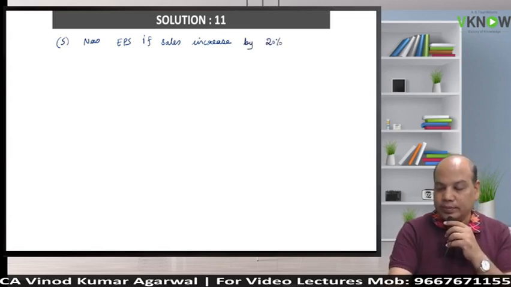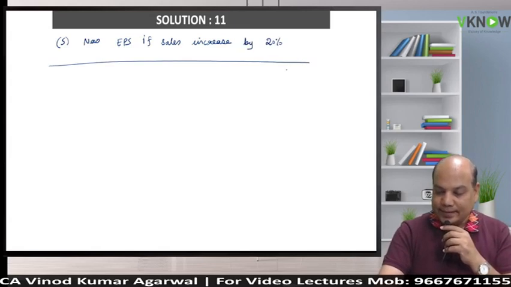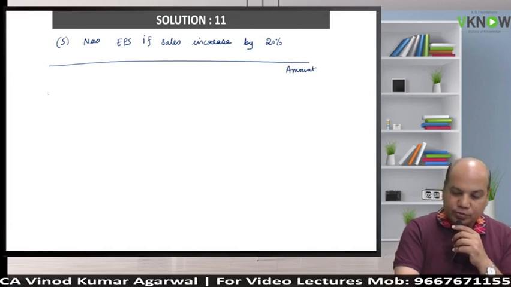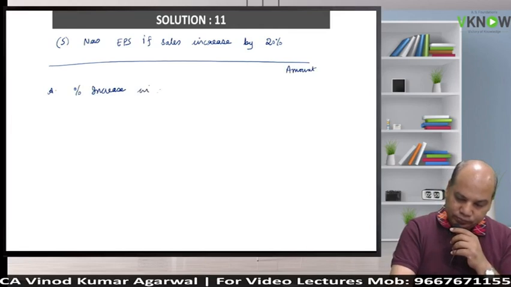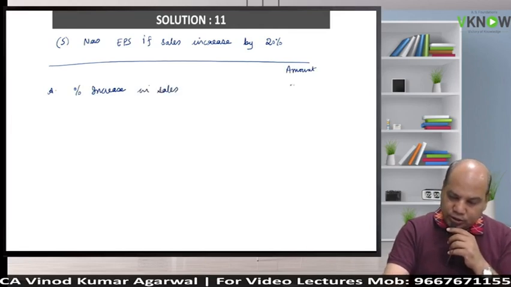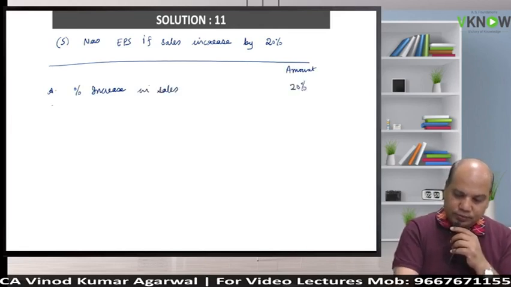Okay. Right hand side amount. First point A, percentage increase in sales, 20%. Point B, combined leverage.